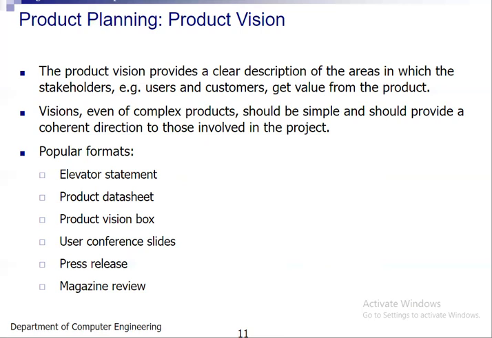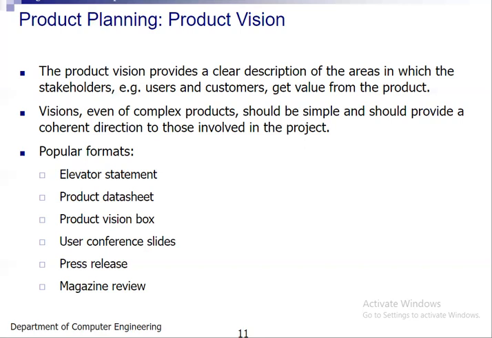So vision, even of a complex product, should be simple and should provide a coherent direction to those involved in the project. So you have to keep the vision very simple, even though this is a very complex product, but the vision is something which needs to be very clear to the stakeholders, whoever are involved in the particular project.